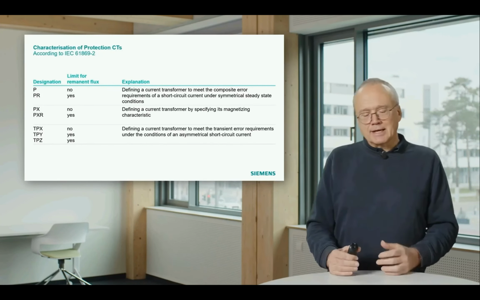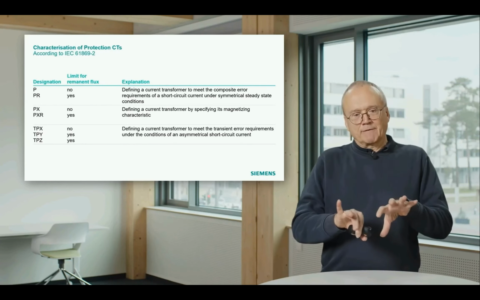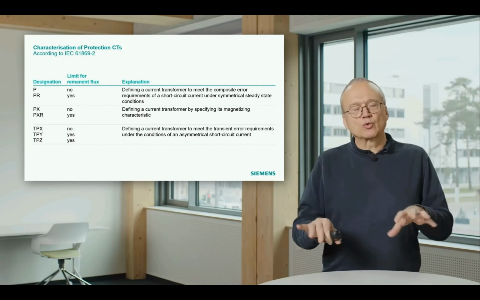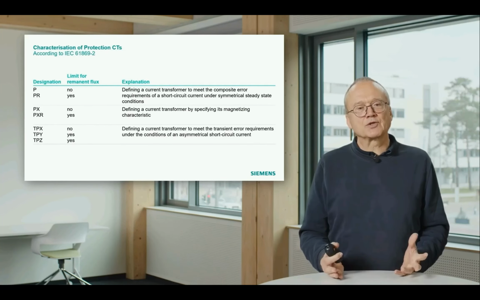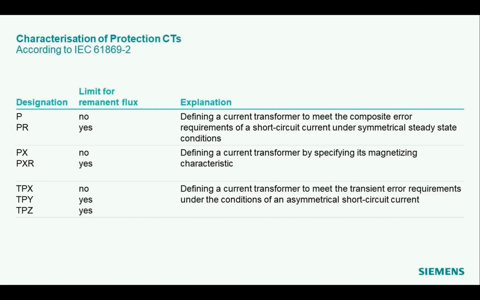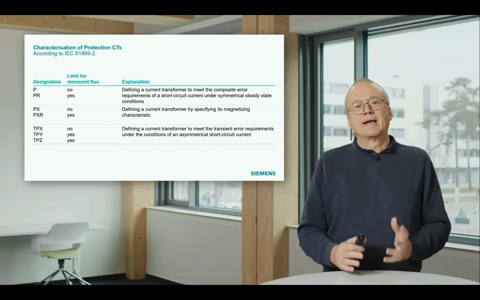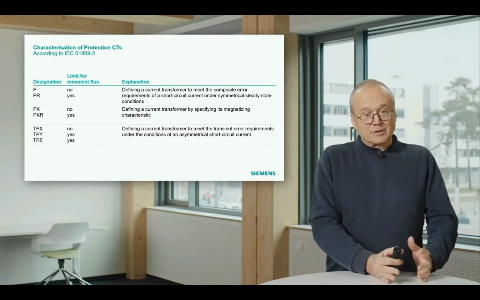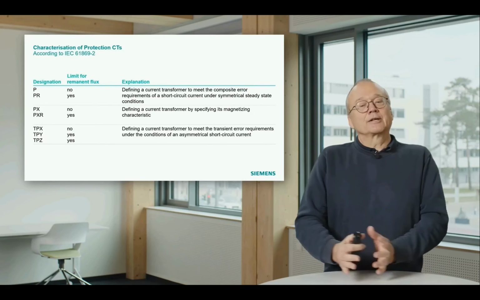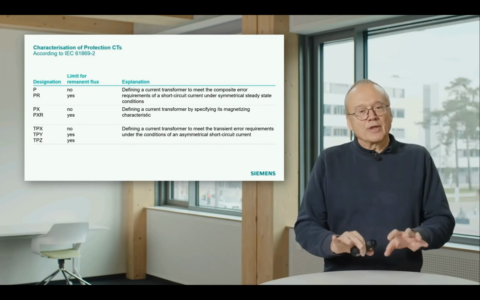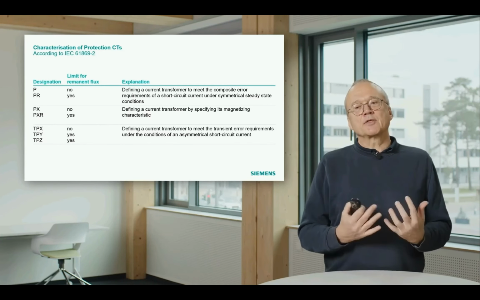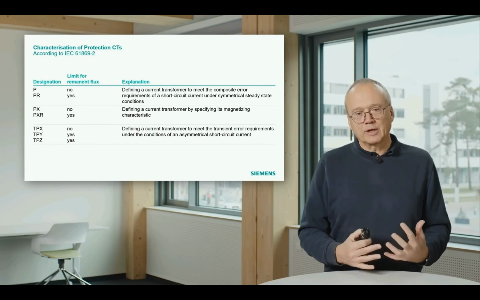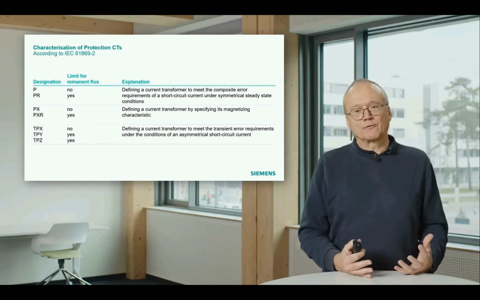If we look at these classes, we can subdivide this into two groups. Look at column 2. Question, is there a limit for remanent flux? You see some of them have a yes and some of them have a no. These current transformers with a yes and current transformers with a no, they are really different. A no here means this current transformer has no limit for a remanent flux.